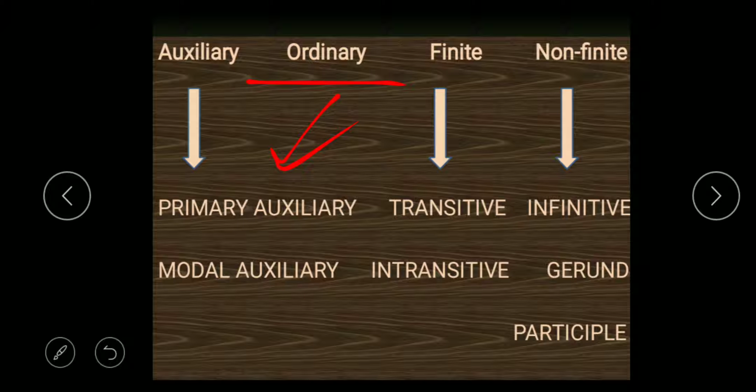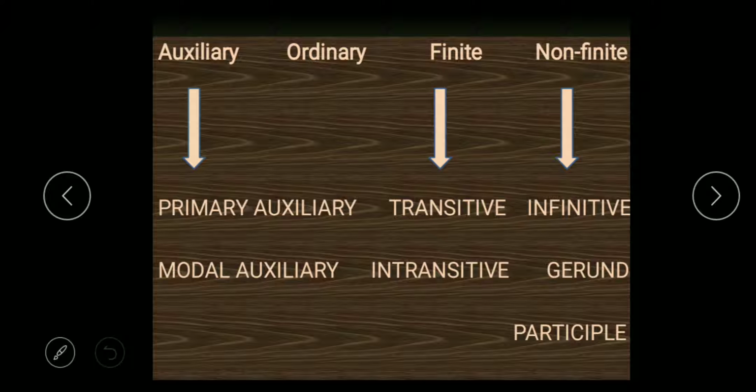Next we will directly jump to finite. This finite and infinite also plays a very important role. To start with, we have to know what is a finite verb. A finite verb is a verb that has a subject and shows the tense.